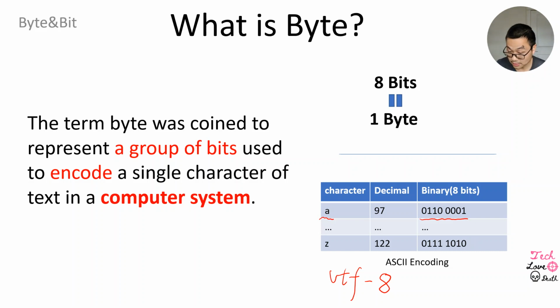So we can calculate, ASCII code can only represent 2 to the power of 8 equals 256 characters. Actually, for the English alphabet and numbers it is enough, but it's not enough for characters of some other languages.